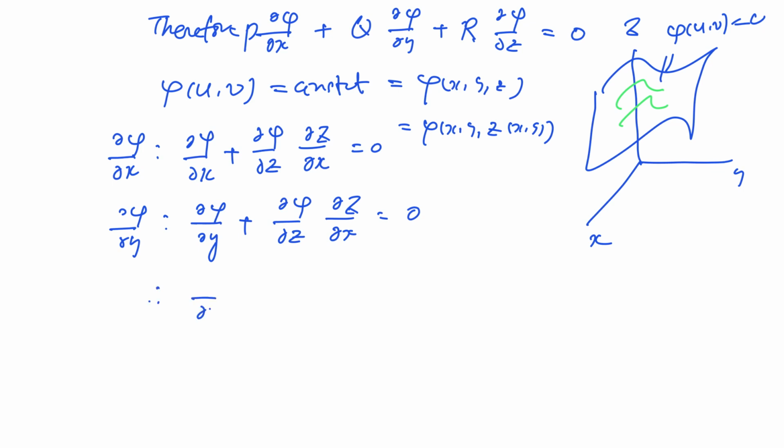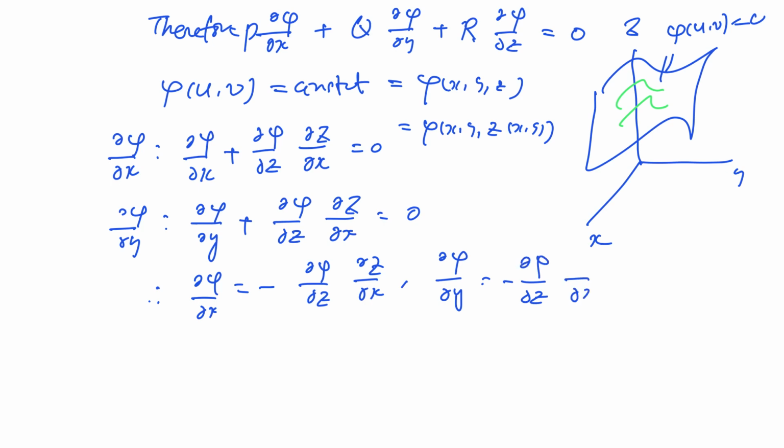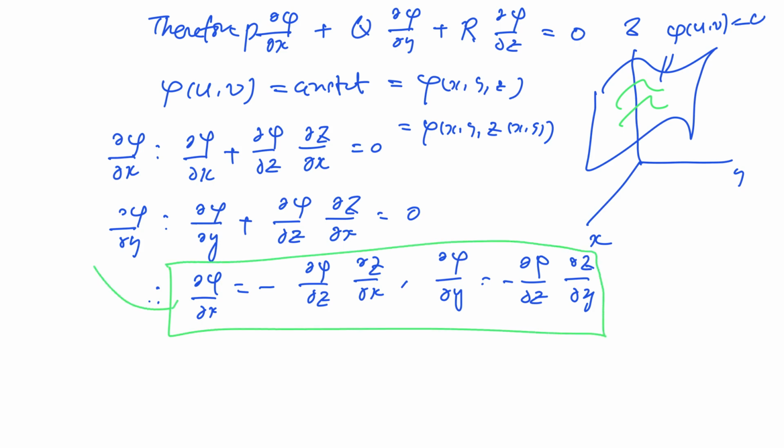Therefore, ∂φ/∂x is minus ∂φ/∂z times ∂z/∂x. ∂φ/∂y is minus ∂φ/∂z times ∂z/∂y. We substituted it into this equation.